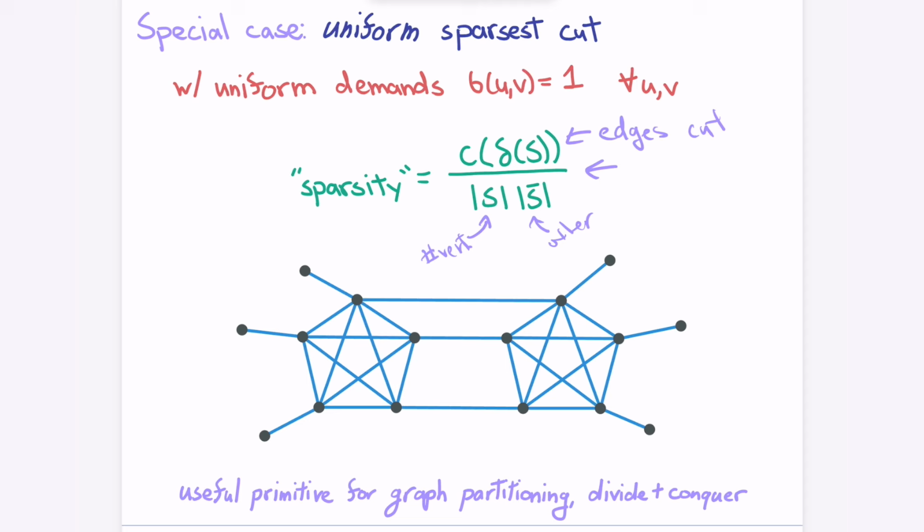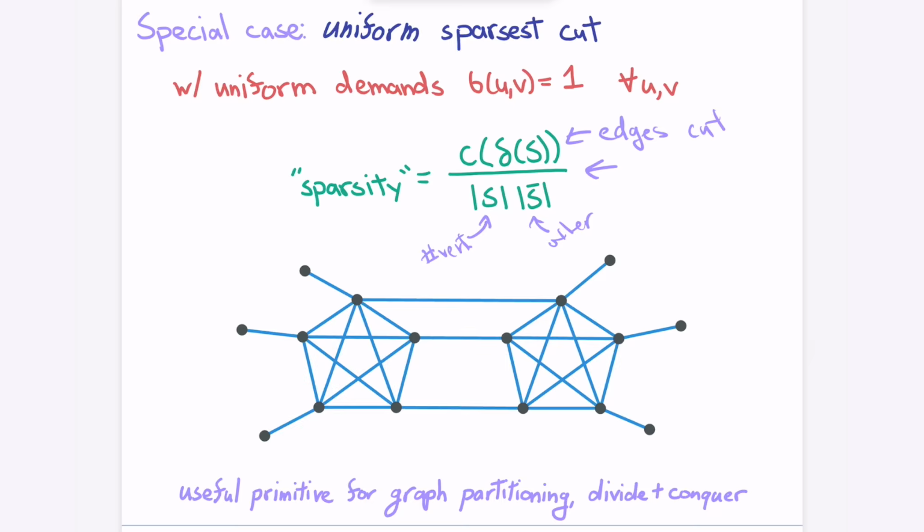So now when I try to minimize this ratio, I'm trying to remove as few edges as possible. That's the numerator. But in the denominator, I'm still trying to get things somewhat balanced, right? So multiplying S and S bar together is going to prefer more balanced partitions to unbalanced.